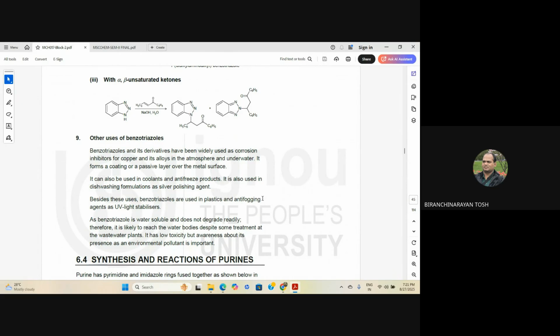Benzotriazole is water soluble and does not degrade readily, therefore, it is likely to reach the water bodies despite some treatment at the wastewater plants. It has low toxicity, but awareness about its presence as an environmental pollutant is important.